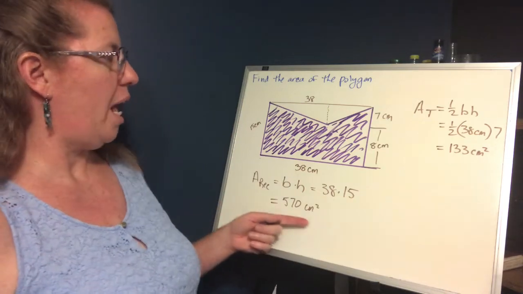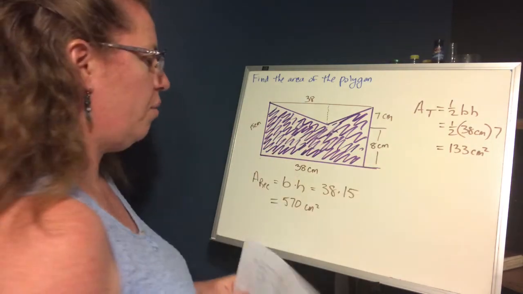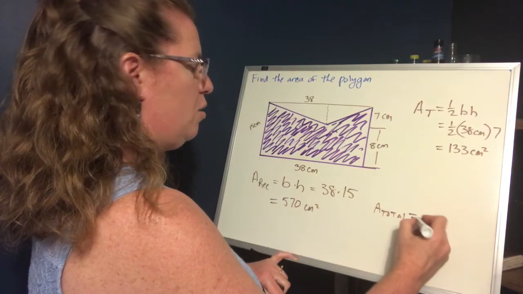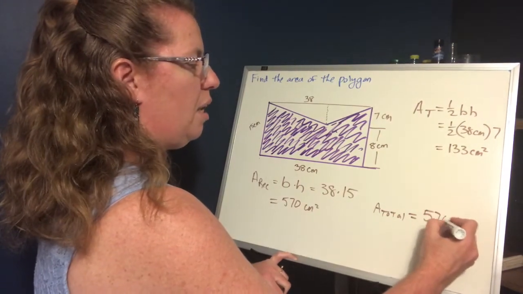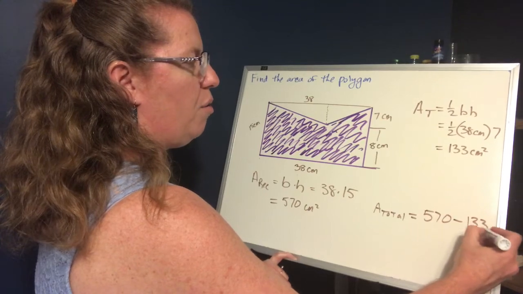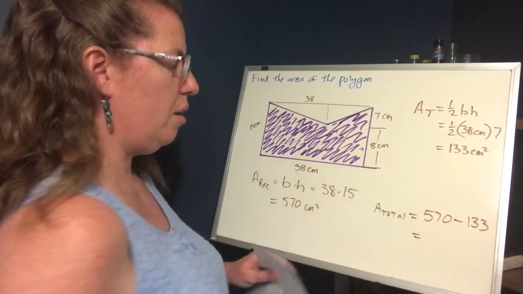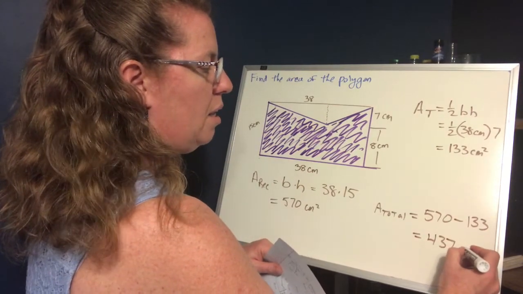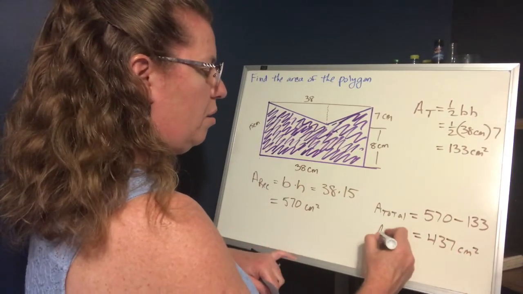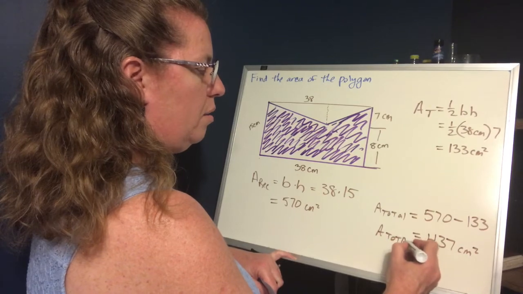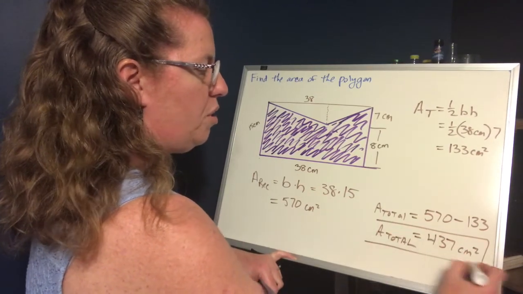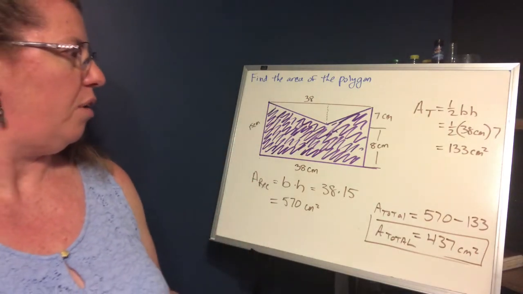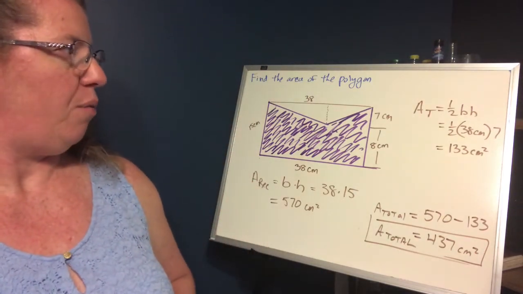Then at the very end, we're not going to add them together. Our total area this time is going to be 570 minus 133 centimeters squared to give us 437 centimeters squared. I just wanted you to see one where they actually remove part of your figure. See how we do that.